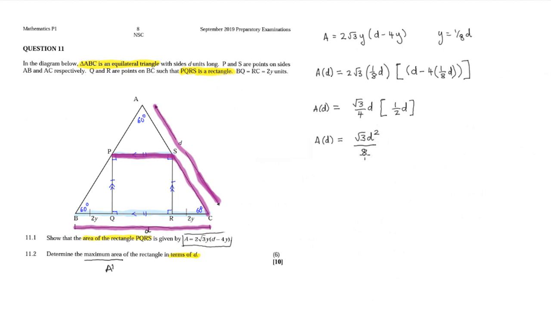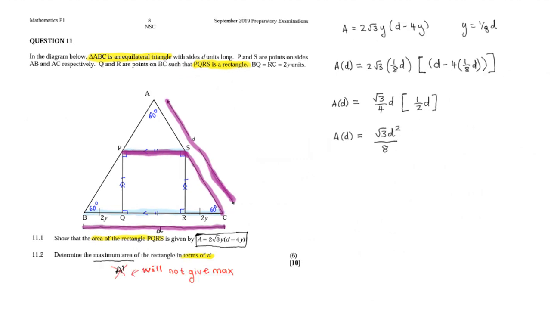A smiling parabola is concave up, which means that it has a minimum turning point. So to answer this question, the maximum area is just going to be given by your chosen D value. In this situation, we don't need to go into A prime, because A prime is not going to give us a maximum either way.